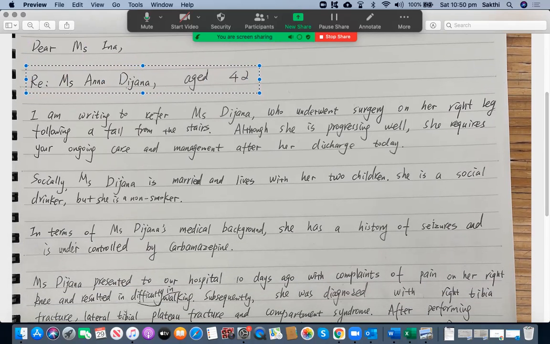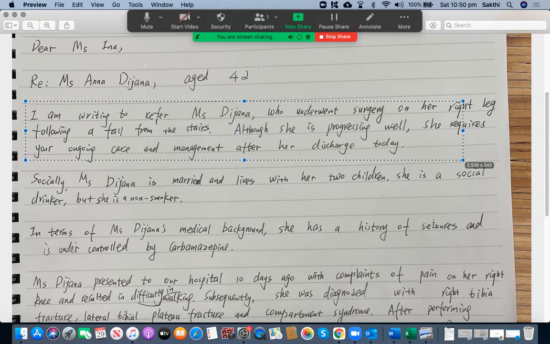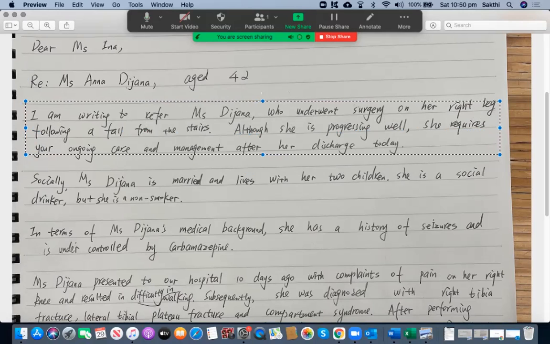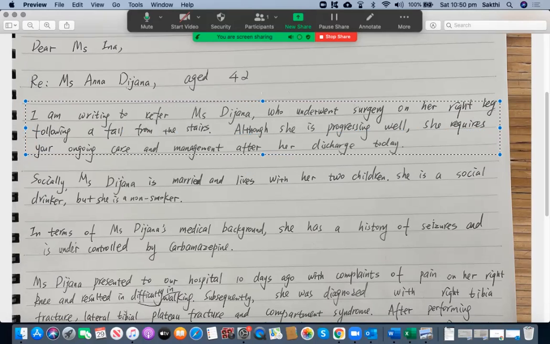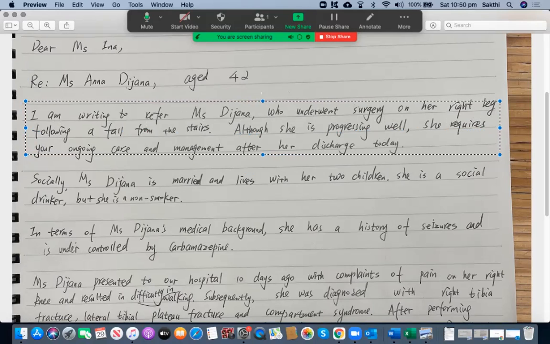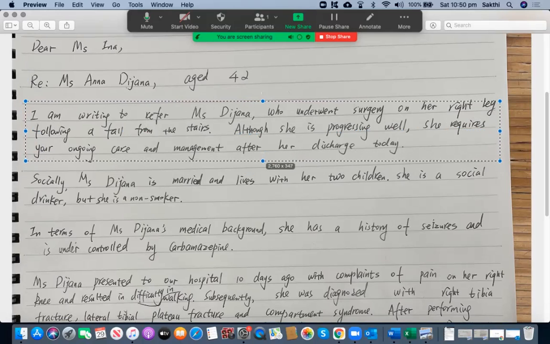All right, let's start the introduction paragraph. She has written, I am writing to refer Miss Dijana, who underwent surgery on her right leg following a fall from the stairs. That's good. She has done a very good job here. Although she is progressing well, she requires your ongoing care and management after her discharge today.